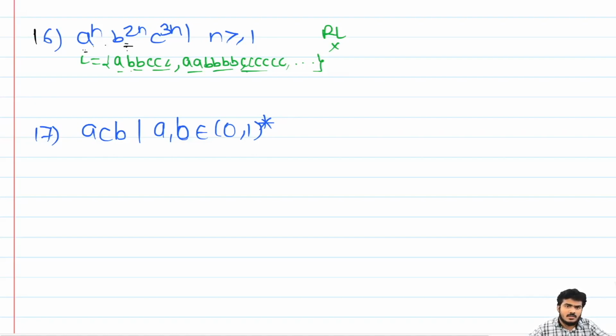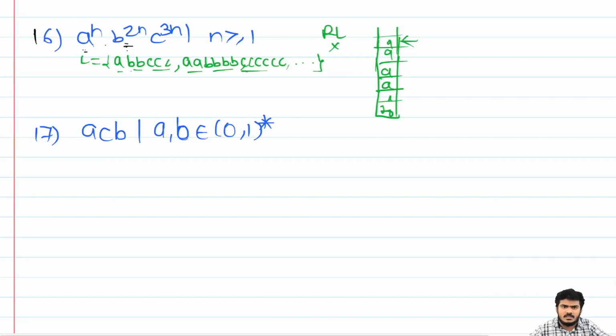How? If for one occurrence of A we push 5 A's in the stack, then the stack will look like this: Z naught, A, A, A, A, and this A, and the top is here.